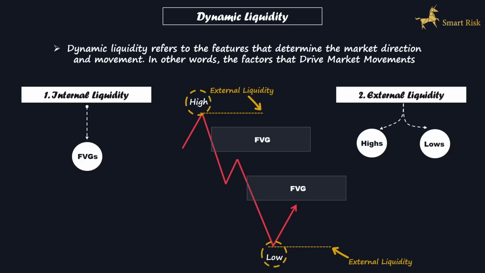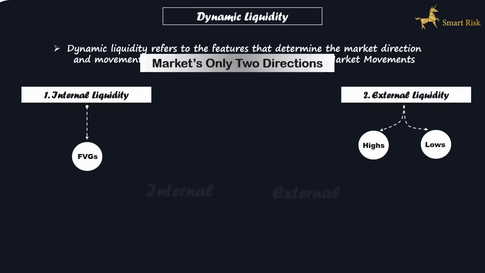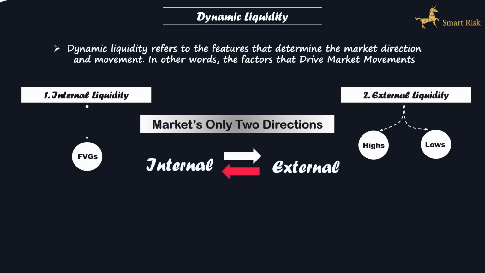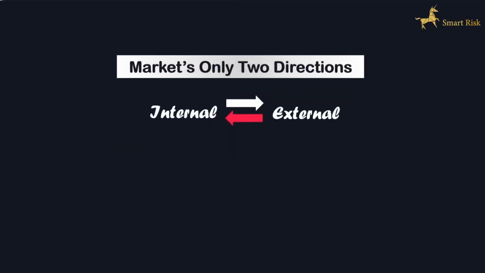These highs and lows represent external liquidity. Essentially, external liquidity pertains to the highs and lows within a rally wave. On the other hand, the fair value gaps found within the range of the high and low are considered our internal liquidity. Price in the market always moves between internal and external liquidity. Imagine it like a continuous circle where price moves either from internal to external liquidity or from external to internal liquidity.